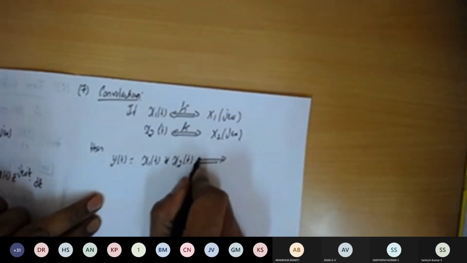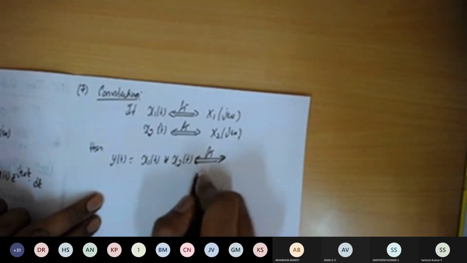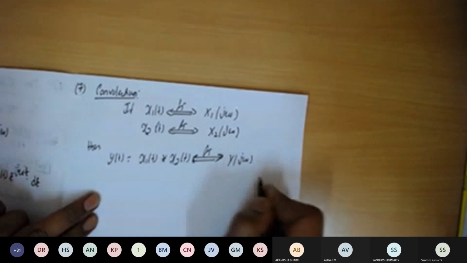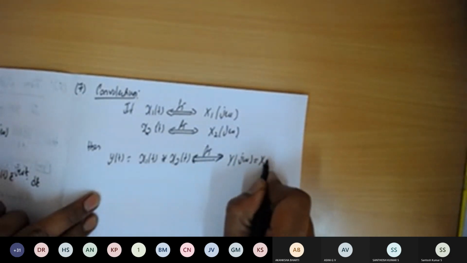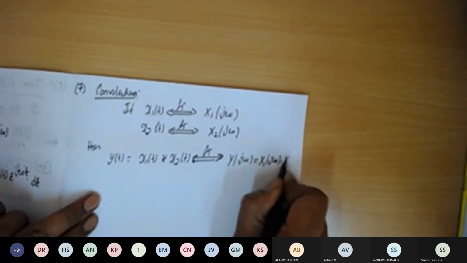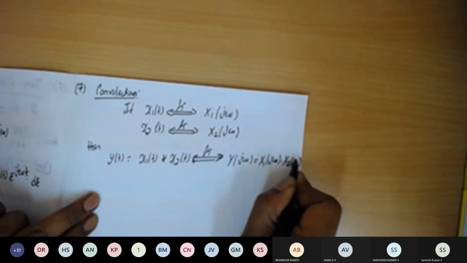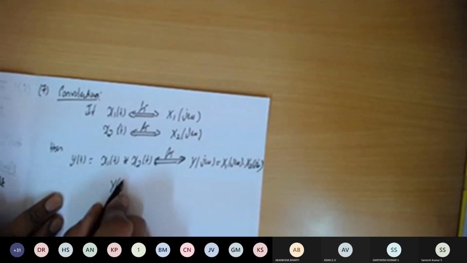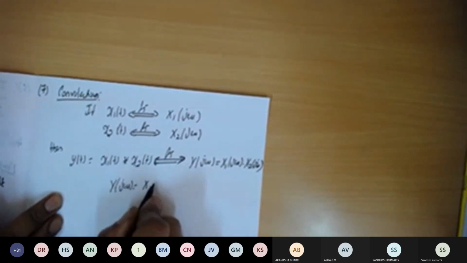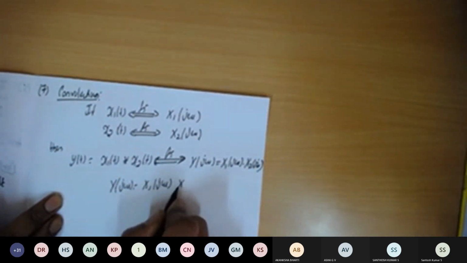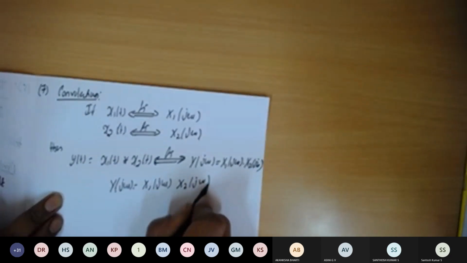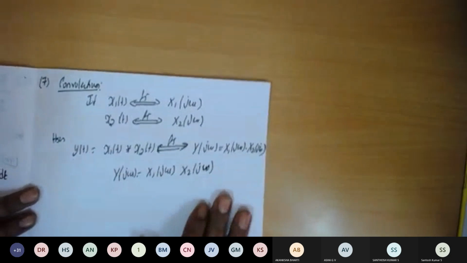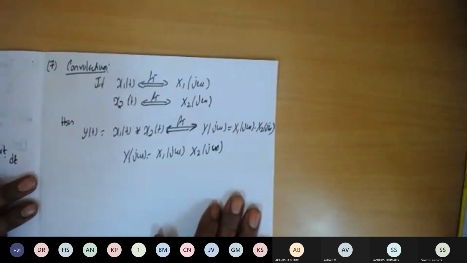The corresponding Fourier transform Y of j omega is equal to X1 of j omega multiplied with X2 of j omega. That is, Y of j omega is equal to X1 of j omega into X2 of j omega. So this is called the convolution property.